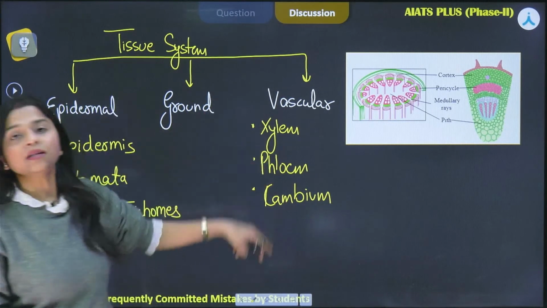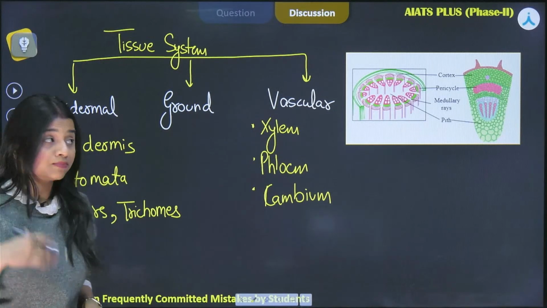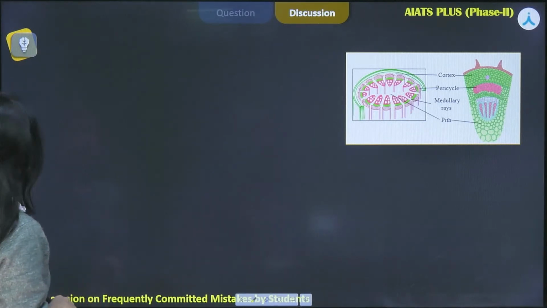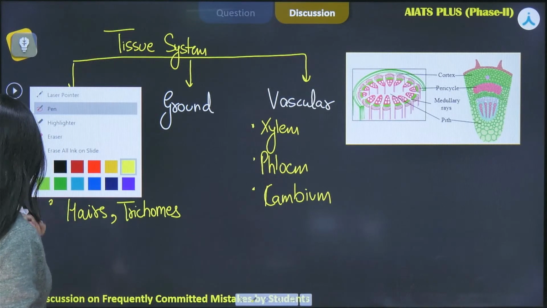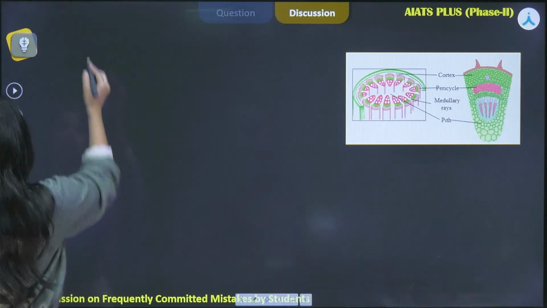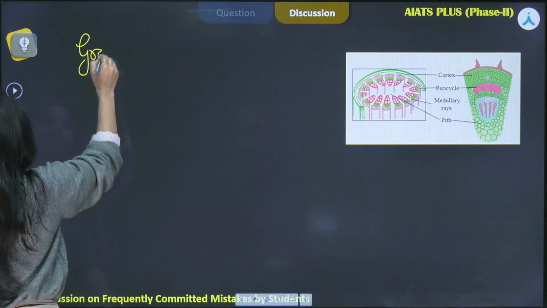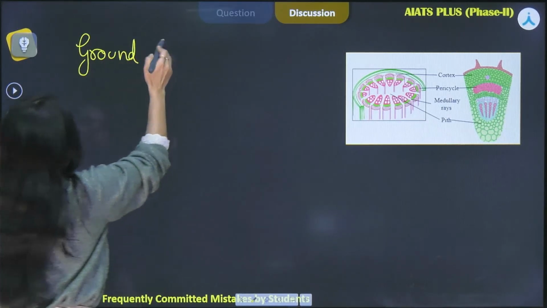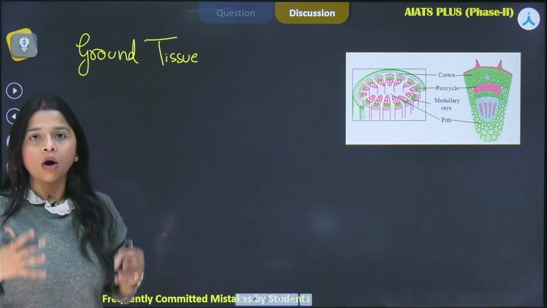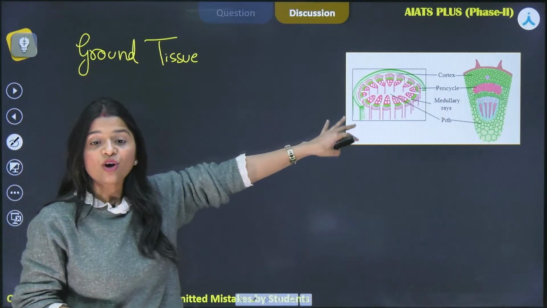So these are the members of the vascular tissue system. Now moving to the ground tissue system. I will be discussing the ground tissue system, all its components, with the help of the TS of a dicot.